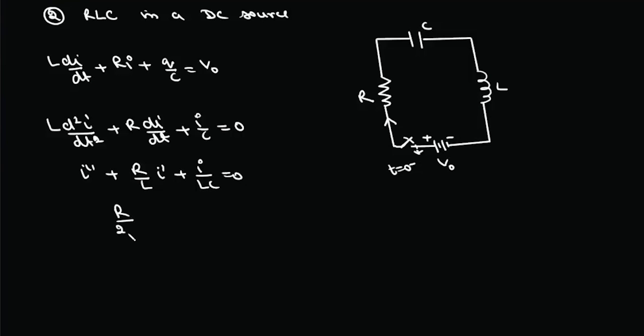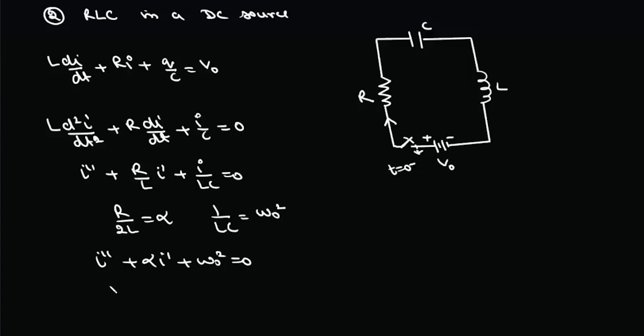Again, we can write R/2L as alpha, which is the damping coefficient, and 1/LC as omega naught squared, which is the resonant frequency. So we can write this equation as i double dash plus alpha i dash plus omega naught squared i equals 0.